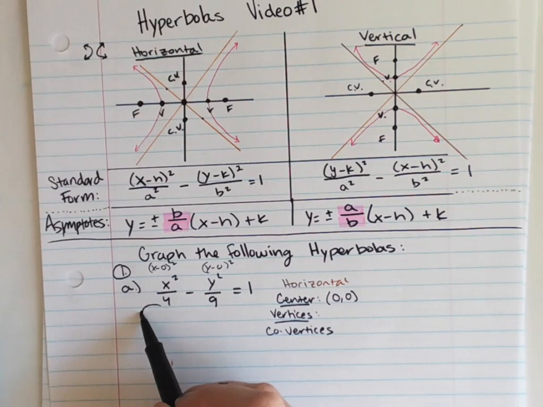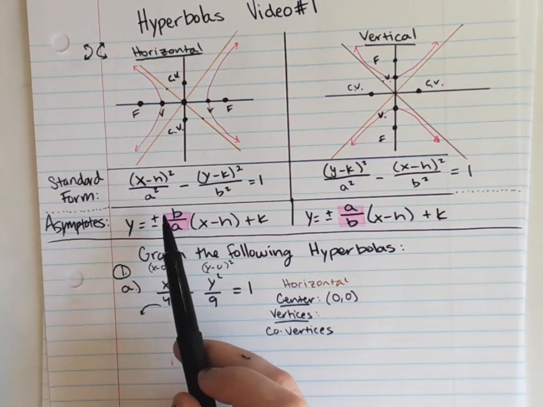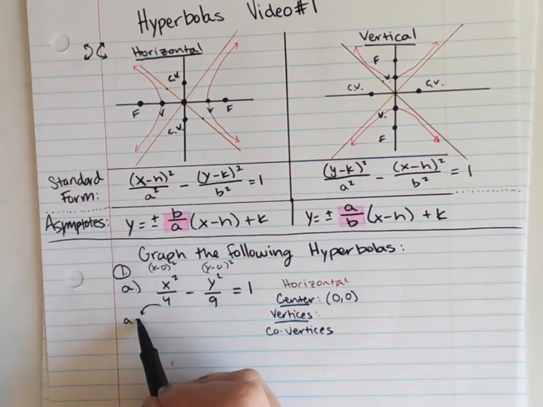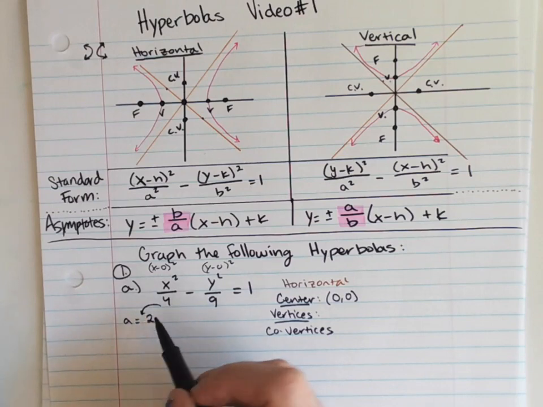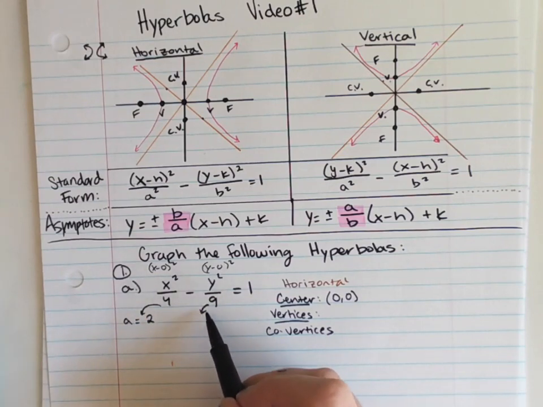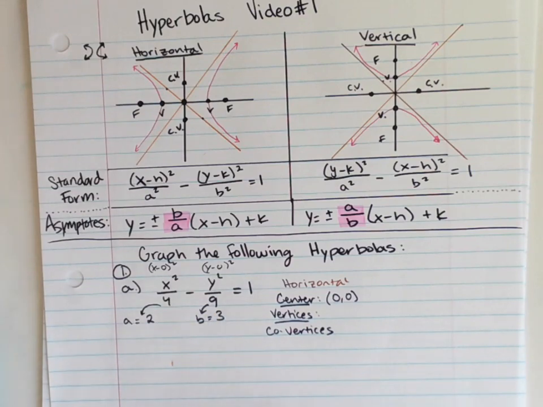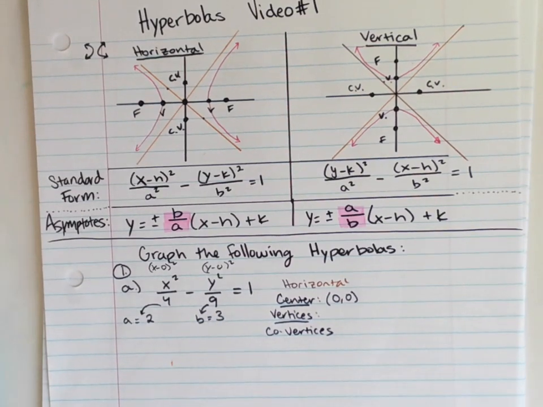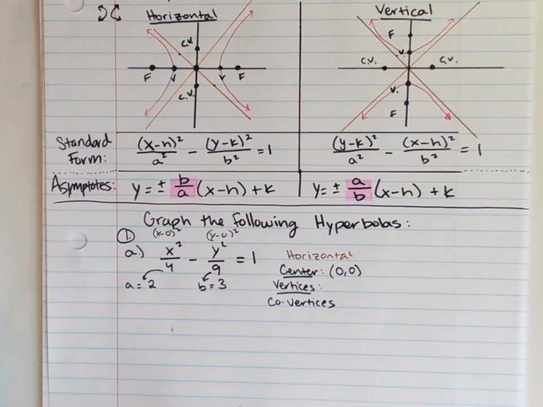Since this right here is a squared, our a value is 2, and this is b squared, so our b value would be 3.